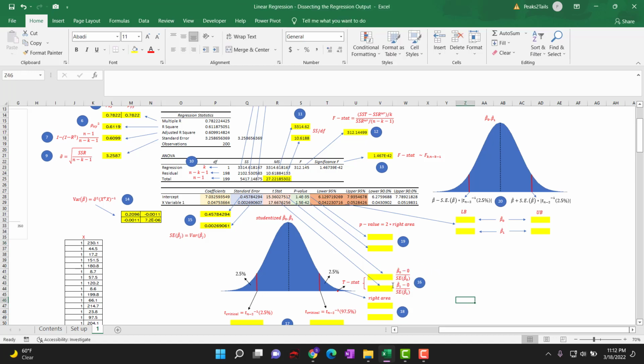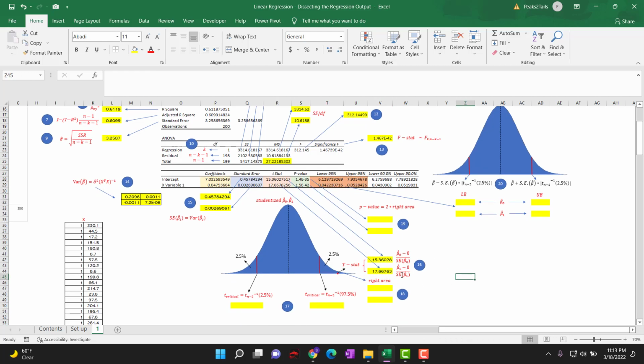So the t-test is simply given as the estimated coefficient from the sample divided by the standard error. So let's calculate those. Coefficient divided by standard error. Coefficient divided by standard error. So you can see these results match with the output right here.